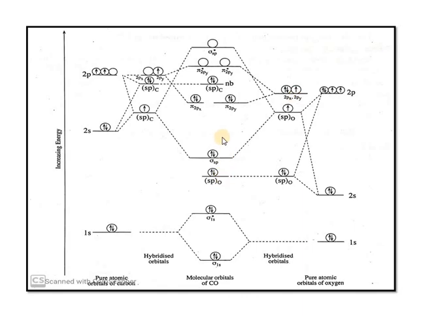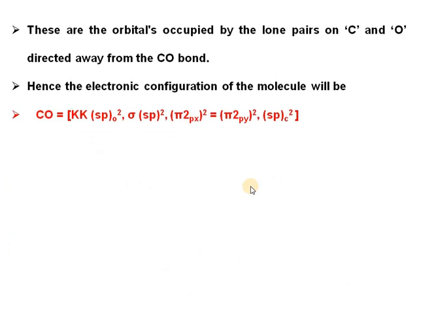How many bonding orbitals are here? It is 2, 4, right? Sorry, here the bonding molecular orbitals have 6 electrons. So bond order can be determined.